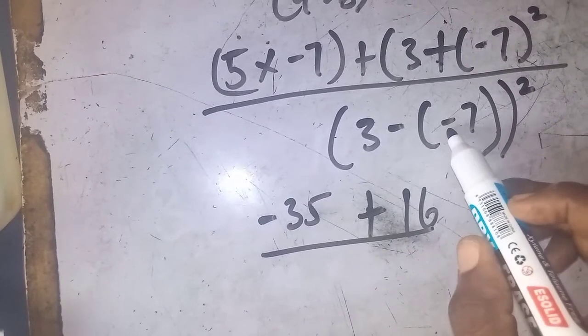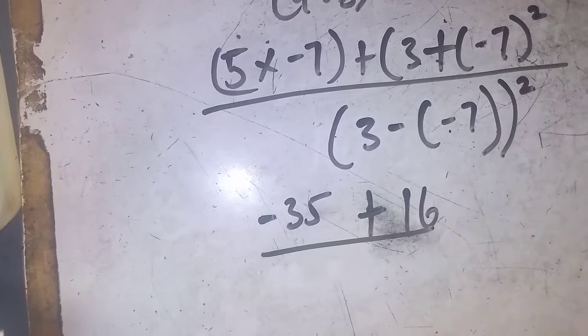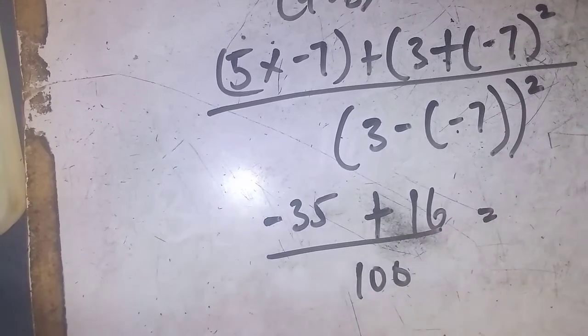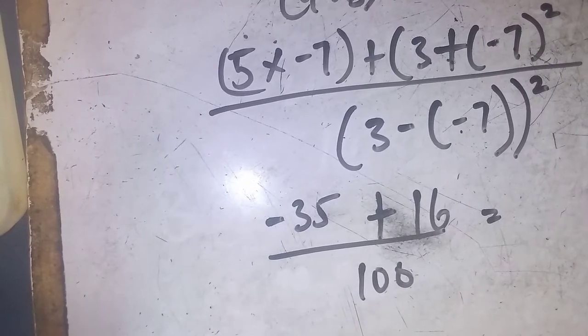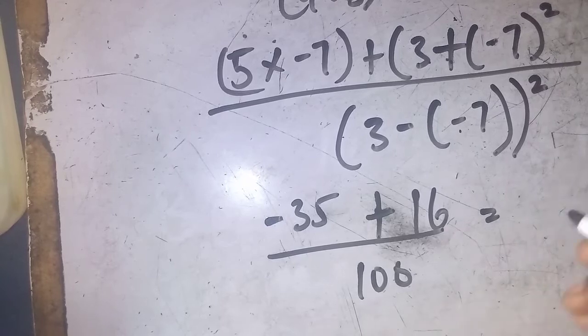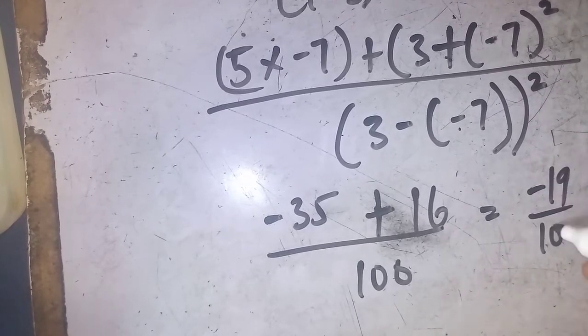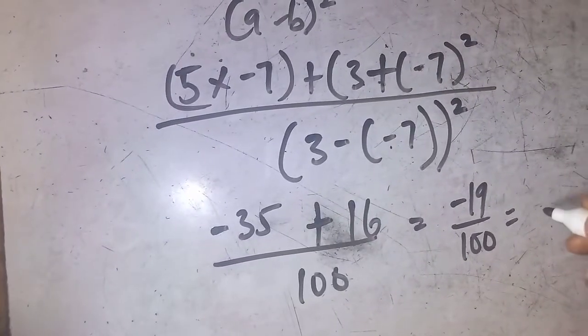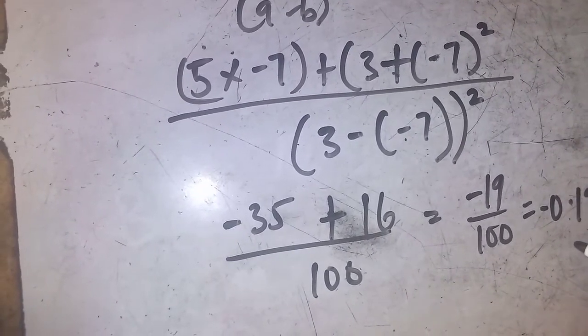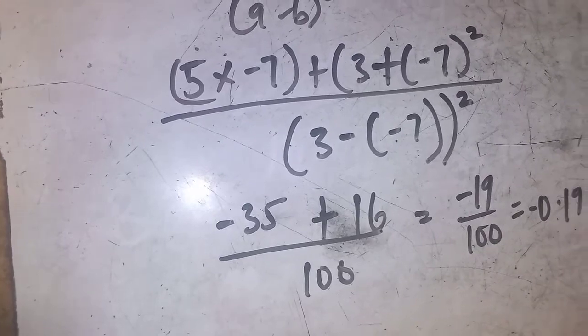This minus we multiply this minus to form plus. So 3 plus 7, 10. 10 squared is 100. So minus 35 plus 16. If you punch your calculator, that should give you minus 19 over 100. Automatically, minus 0.19. And that is our option C in the question.